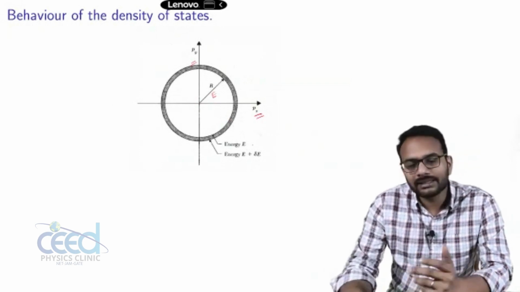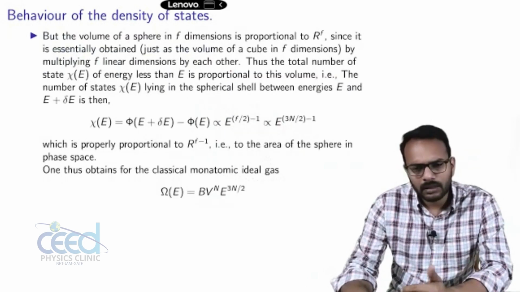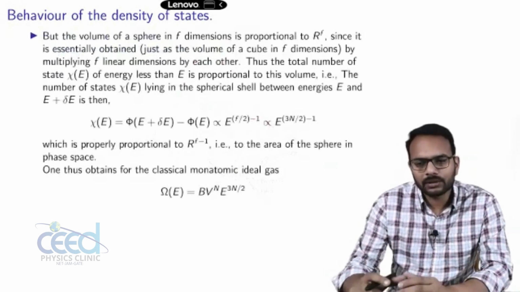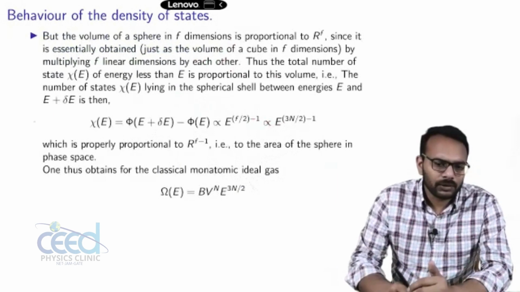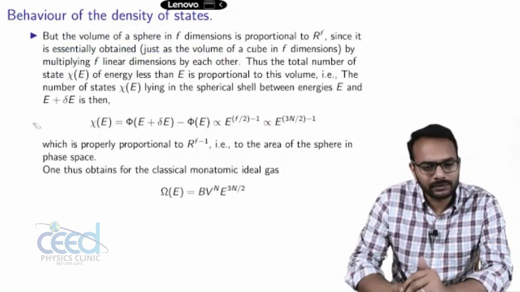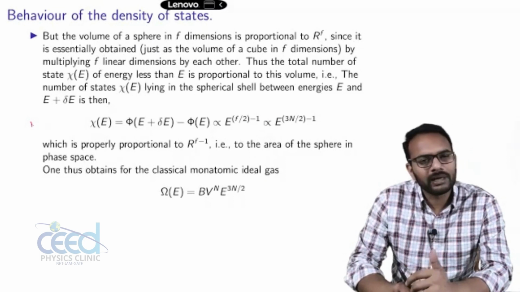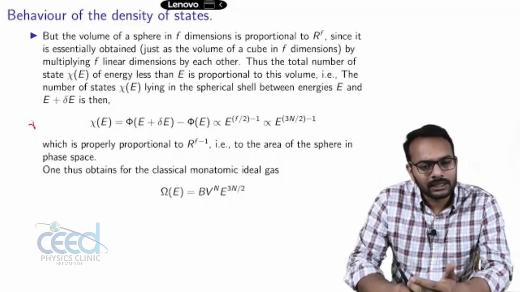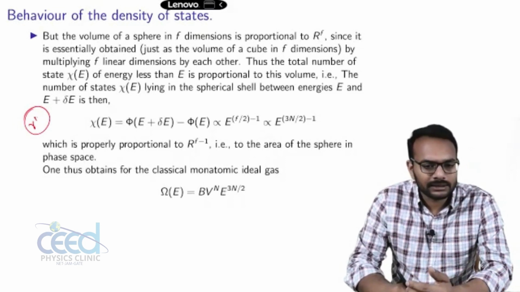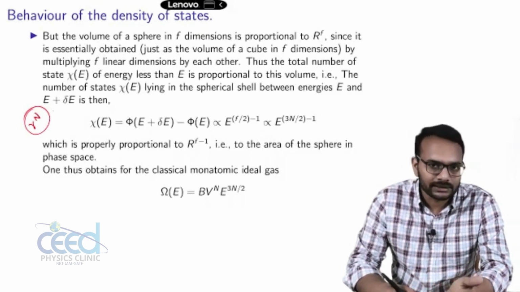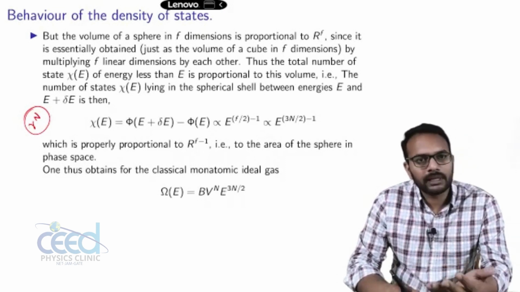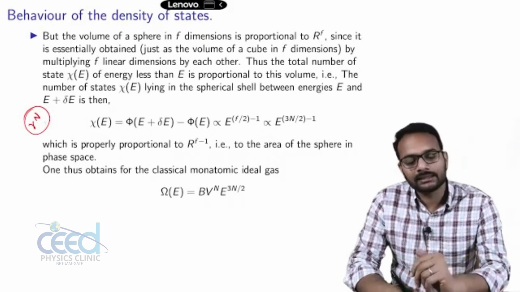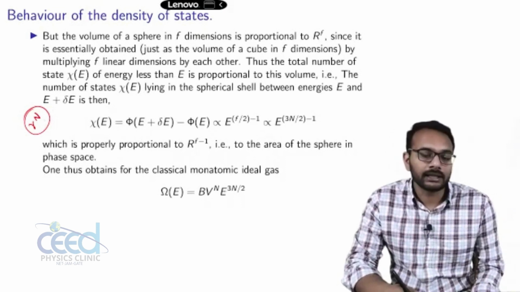We don't need the exact formula, but what we need to know is how the volume depends on the radius. For example, the volume of a 3-dimensional sphere goes like 4 by 3 pi r cube, right? It depends on the radius as r cube. In n dimensions we can say that it goes like r raised to n, the number of dimensions.